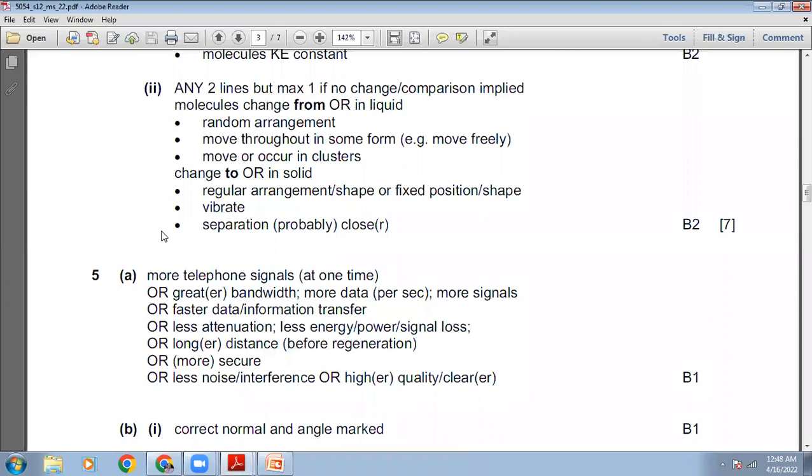The marking scheme says any two lines, but maximum one if no change comparison is employed. The molecules change from random arrangement in liquid, moving throughout in some form, for example moving freely or in clusters, to a regular arrangement with fixed position, vibrating, with separation probably closer.